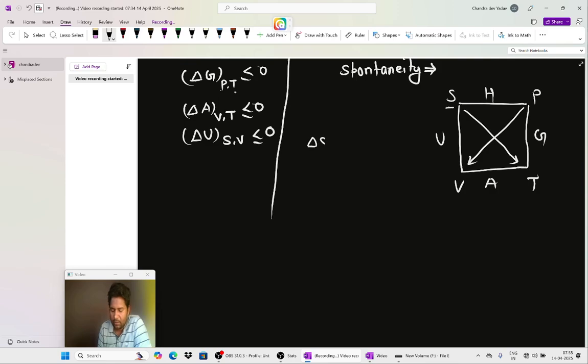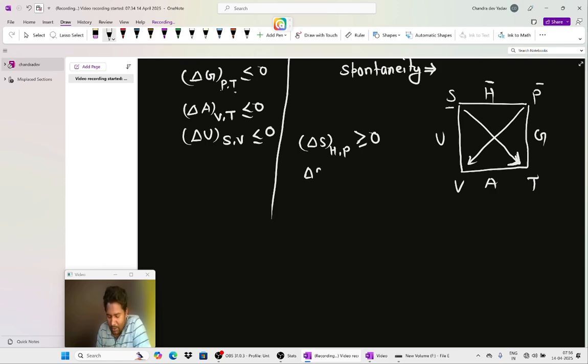If the entropy change of any process at constant enthalpy and pressure is greater than 0, meaning positive, or equal to 0, then the process will be spontaneous. This arrow represents it. If the arrow goes far away, then the value will be positive. So for entropy change, the arrow goes far away from entropy, so the value of entropy change should be positive. We can represent it by this arrow.